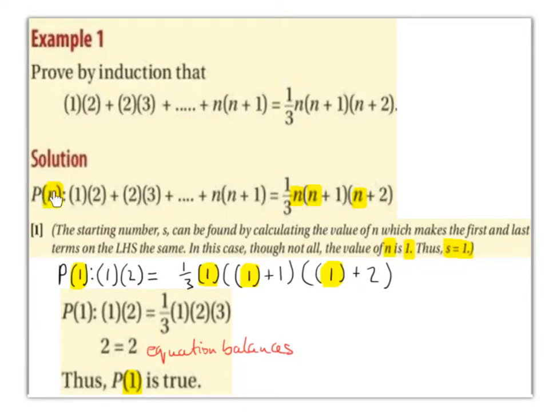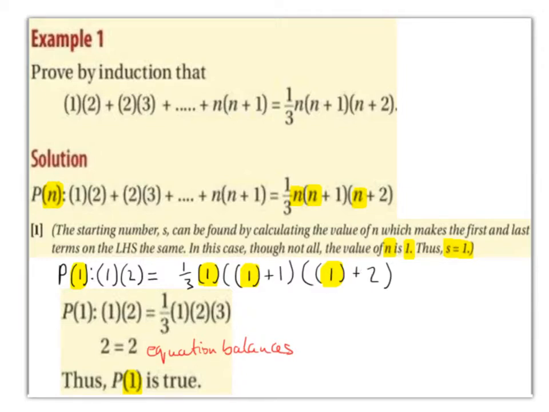So if this is p of n, then this is p of 1. So 1 times 2, that's the very first term, is equal to a third times 1, so we're swapping that n for 1 with brackets, multiplied by 1 plus 1, multiplied by 1 plus 2.